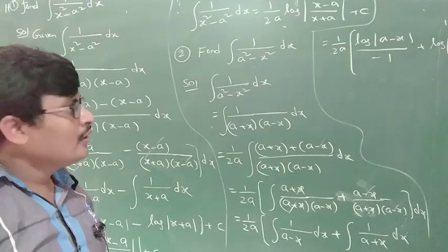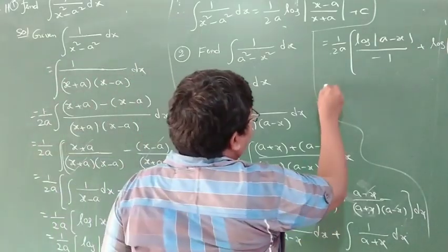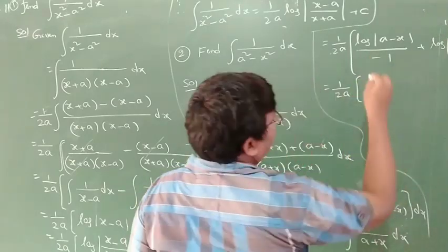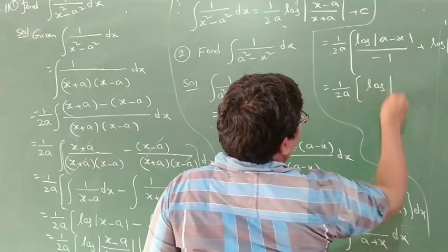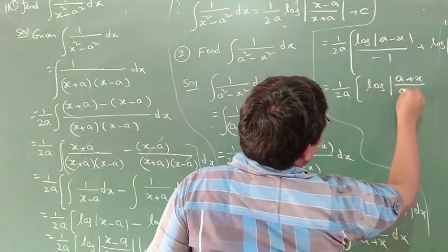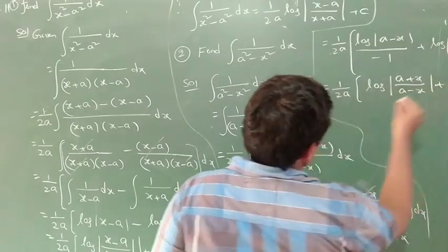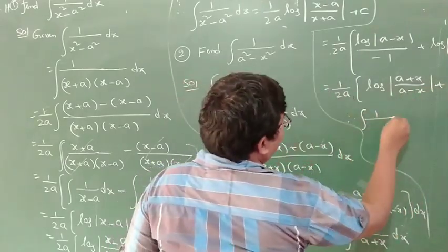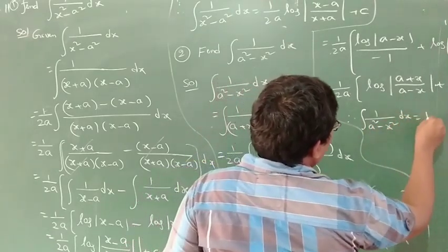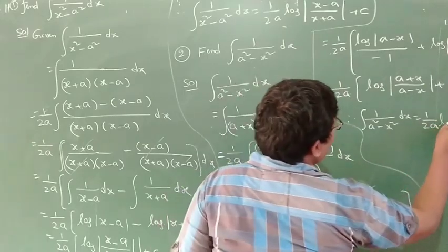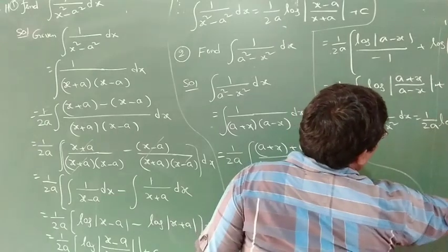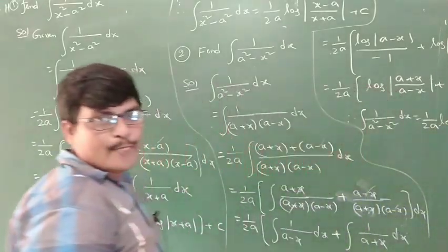Okay, so that is equal to 1 by 2a into log a minus log b is equal to log a by b: log a plus x by a minus x plus c. Therefore integral 1 by a square minus x square dx is equal to 1 by 2a into log mod a plus x by a minus x plus c.